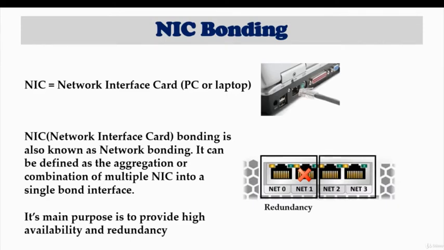Another way to make 2 ports highly available is you combine them together. If a port is 1 gig and the other port is 1 gig, you combine them to aggregate them and get the throughput of 2 gig. This is achieved for high availability and link aggregation.